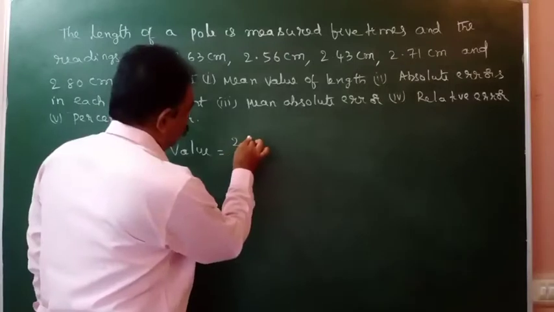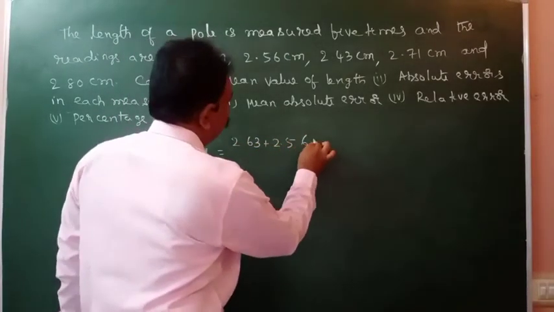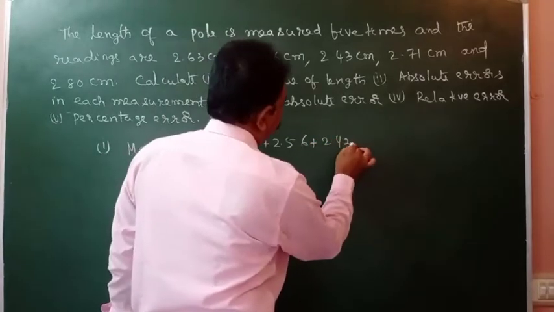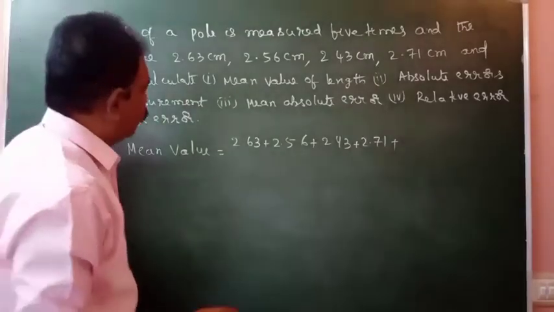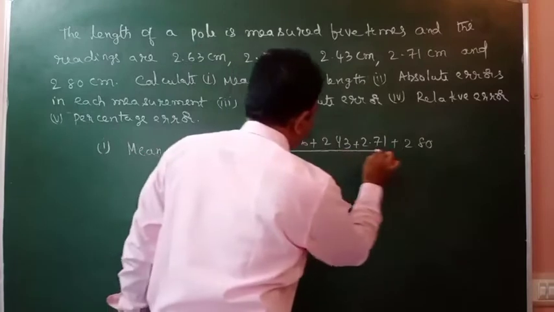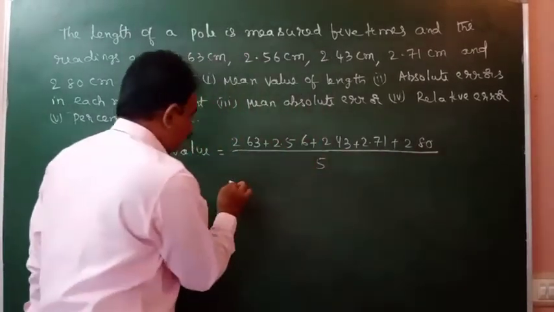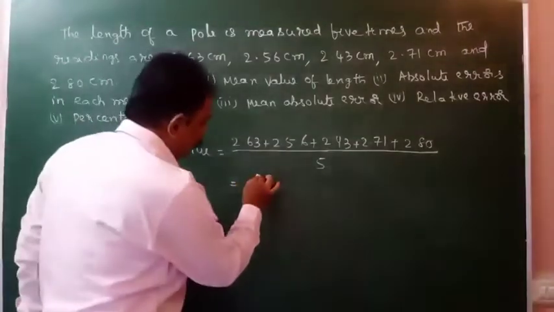So 2.63, 2.56, 2.43, 2.71 and this one 2.80, divided by 5. Then if we add all of this, the value is 13.13.